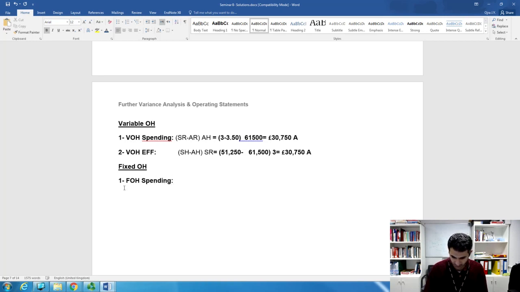So let's do the formula: budgeted fixed overhead minus actual fixed overhead. That's lovely. So what's the budgeted fixed overhead minus the actual fixed overhead? Let's have a look.